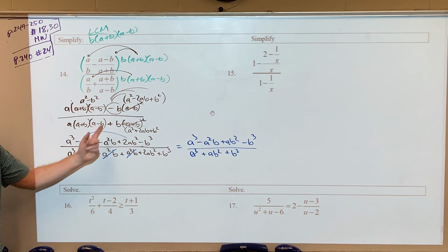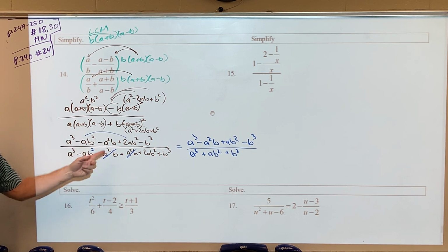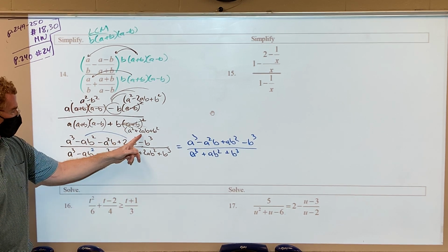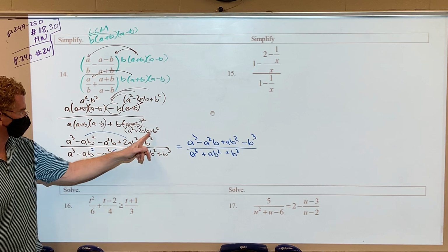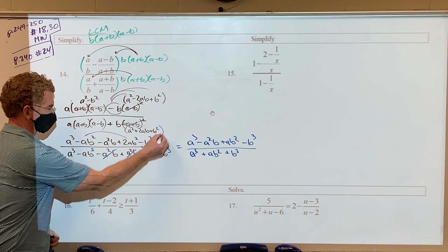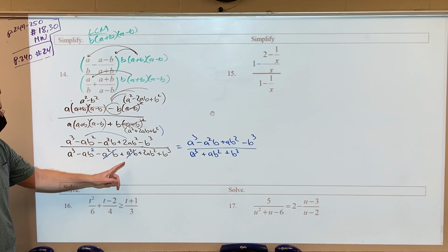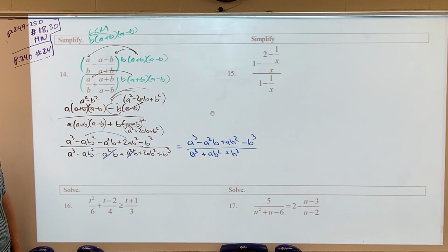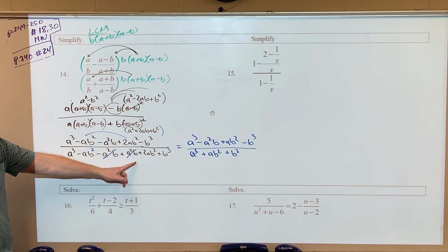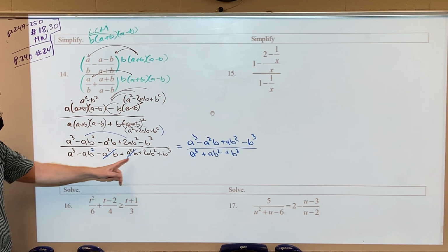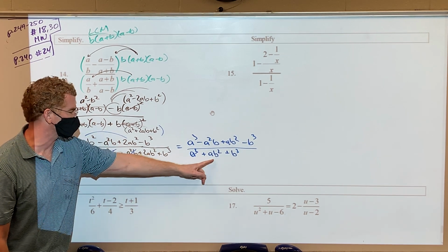This part's the same as that part, so I can put that down. And then this is A squared B, AB squared, 2AB squared plus B cubed. I think that's right. So this part still cancels, and this part becomes a positive AB squared.